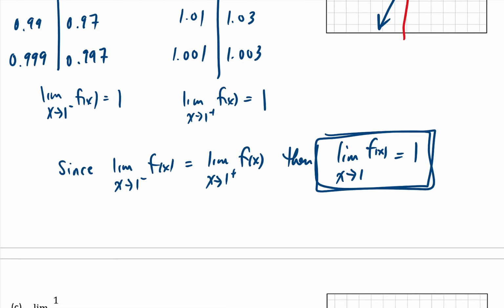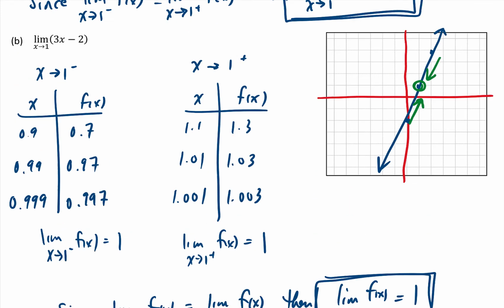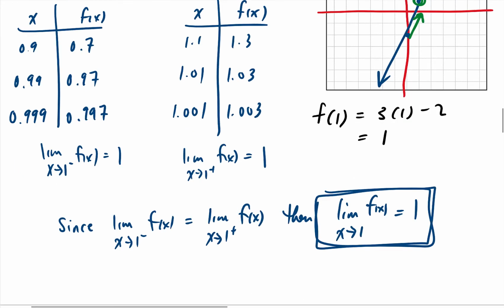And let's look at the value of the function itself. Notice if I evaluated f at 1, I would get 3 times 1 minus 2, which equals 1. For many limits, you can actually sub in the x value, and if you get a number, you have evaluated the limit, because the function is continuous in many cases at that point.